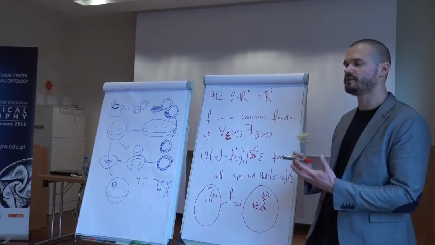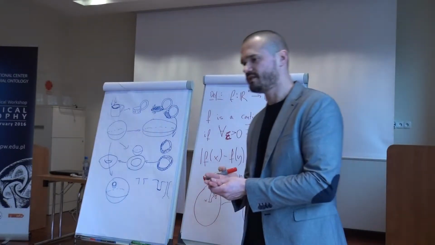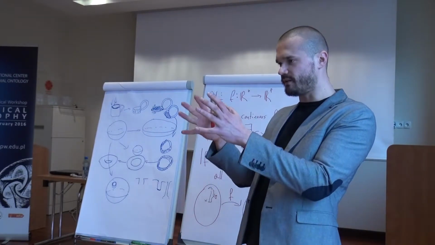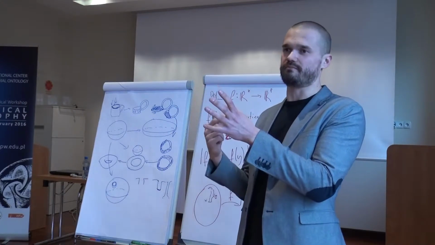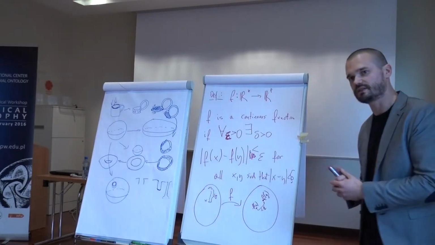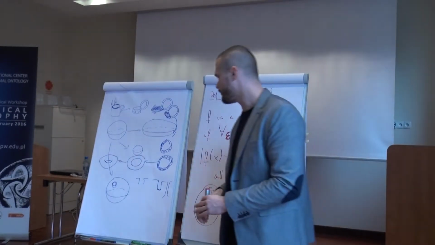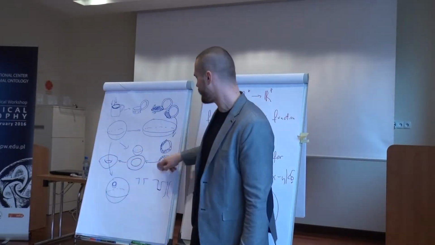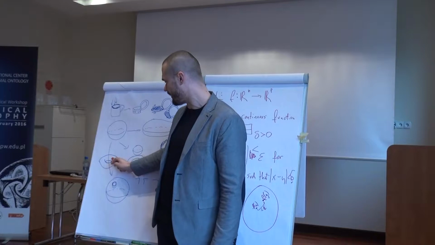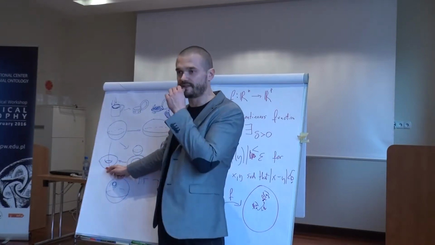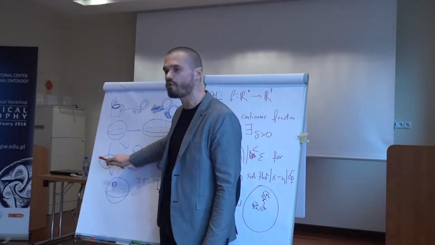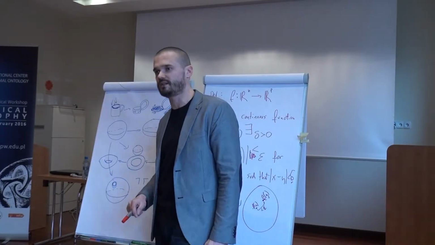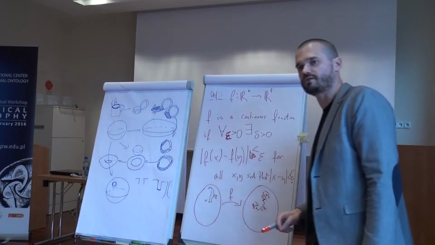So what is interesting for you is, if you look at the image of a function, you are interested in where it came from. So, for example, if you look at the final result of all these operations, you are interested in where this image came from. That's the crucial topological question.